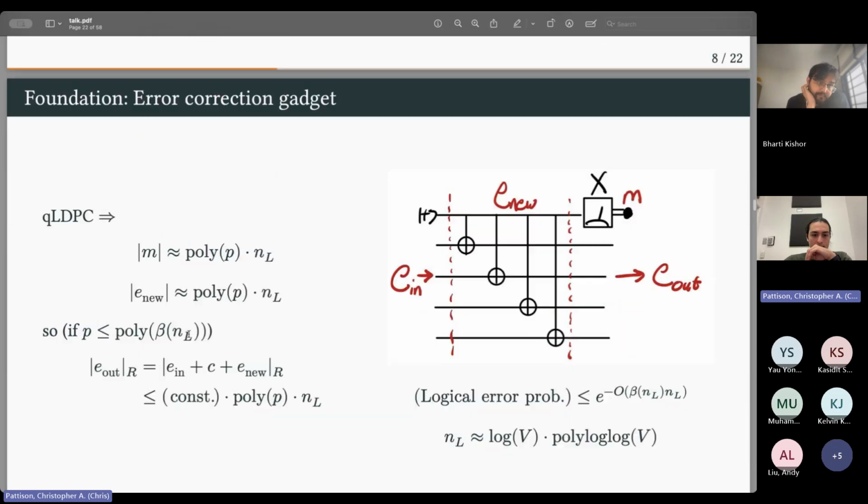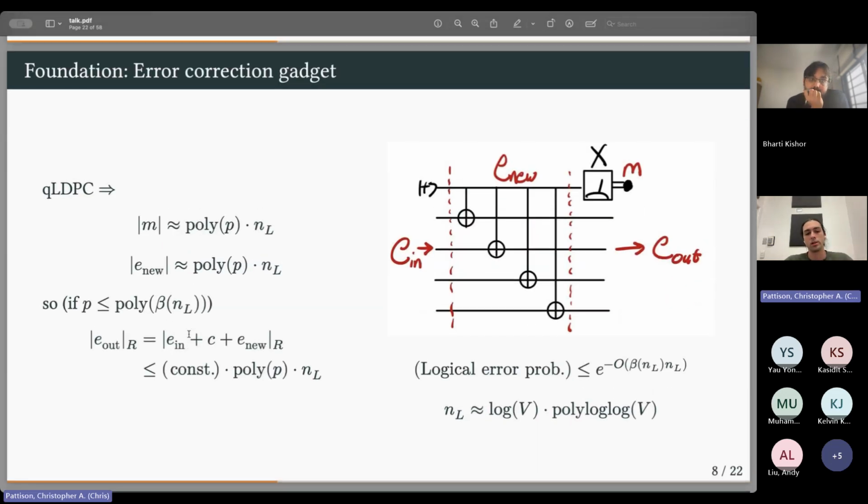Great. So that's the identity. What you can show is that the probability of a logical error, if I just keep applying this gadget, is exponentially small in the distance. That motivates us to take our QLDPC code blocks, and have a lot of them, each one very small, like the log of the number of gates, actually a little bit bigger because of this polylog factor that appears here.